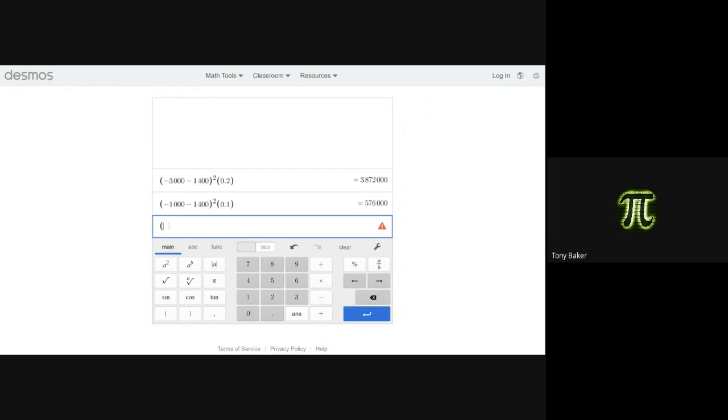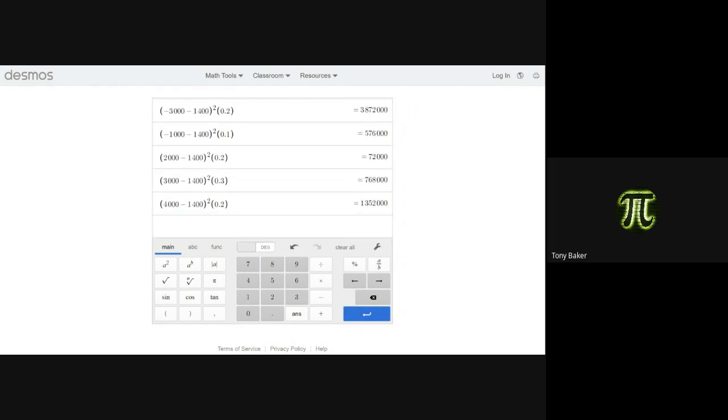And then it was 2000. And 3000. And 4000. Okay. Add those numbers together and take the square root.